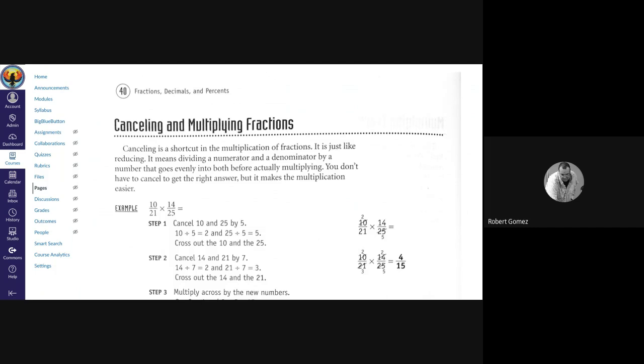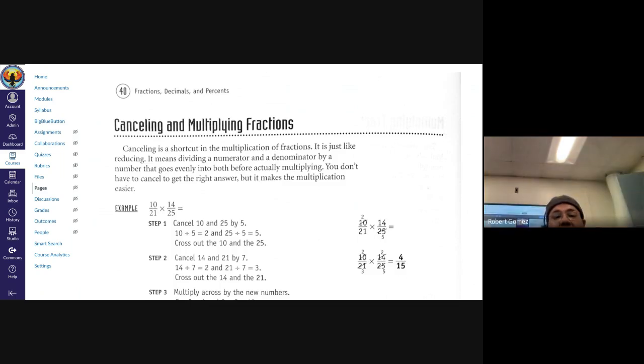This is what really trips up people sometimes, because they'll try to cross cancel when they're adding and subtracting. Some people get confused and start cross canceling. And no, we can't do that with addition and subtraction, but we can do it with multiplying and dividing.